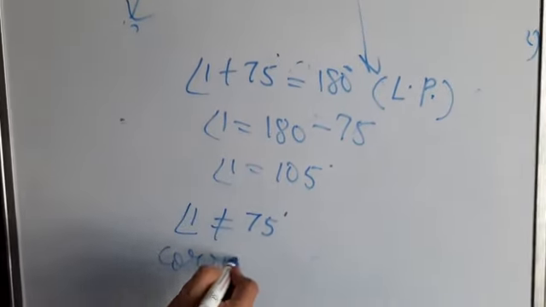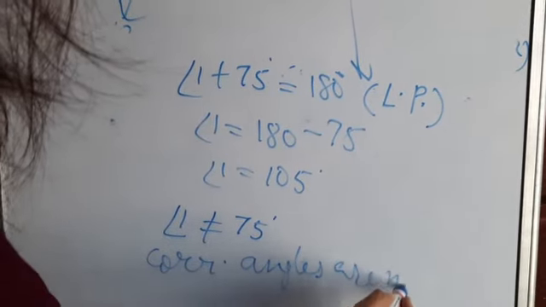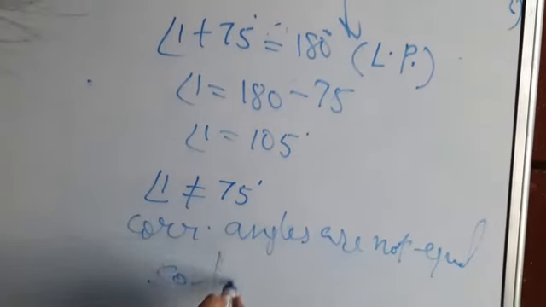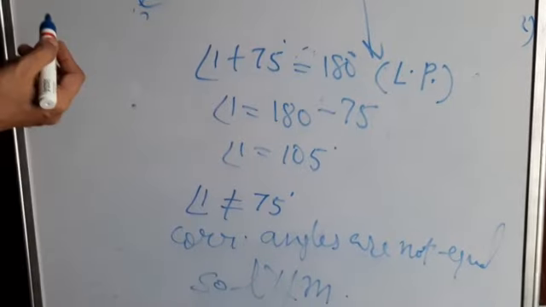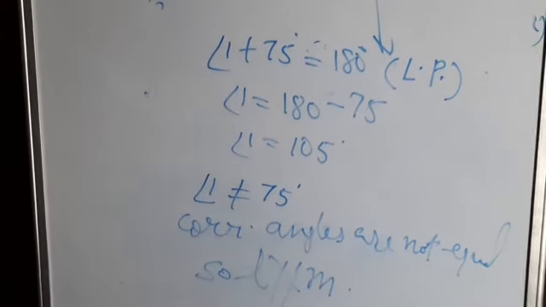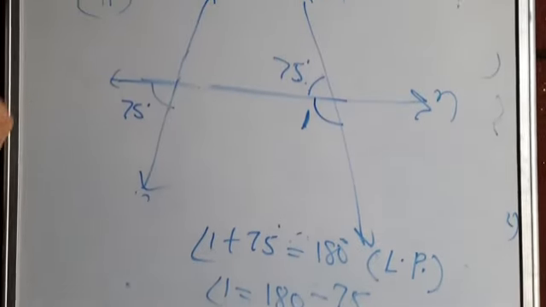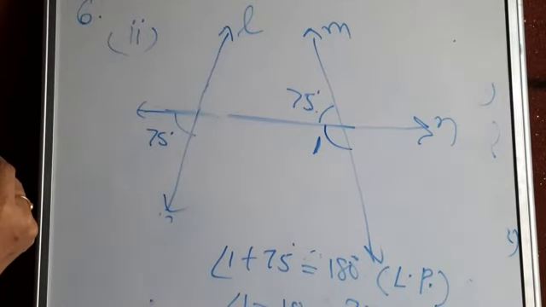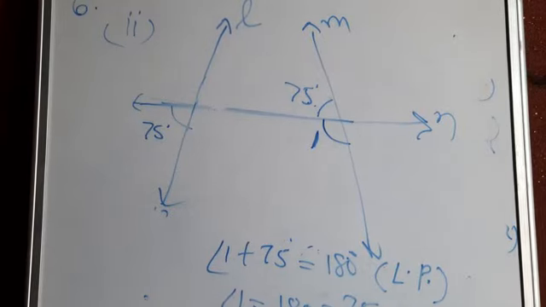Write down here corresponding angles are not equal, so lines are not parallel. You can do any other method also. Many more ways are possible. So this way you will do the third and fourth parts in your homework copy, and the first and second in the classwork copy. So this was about this exercise.